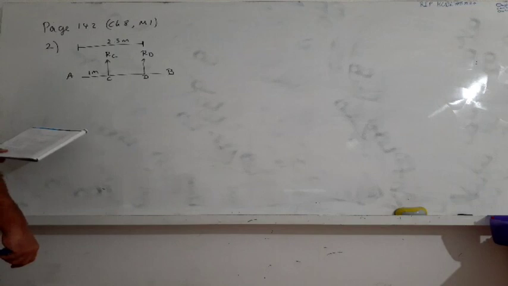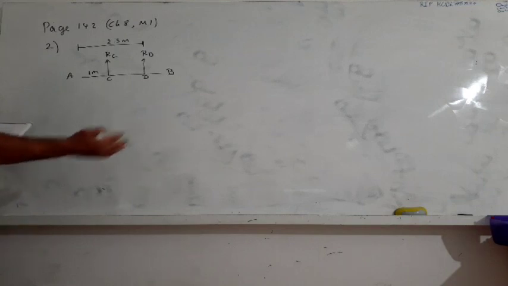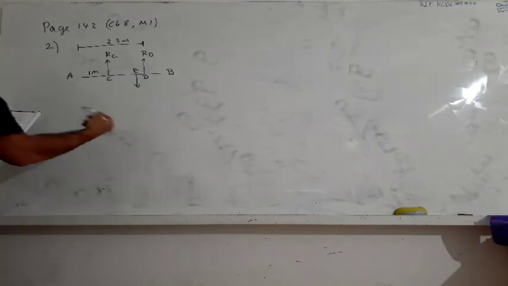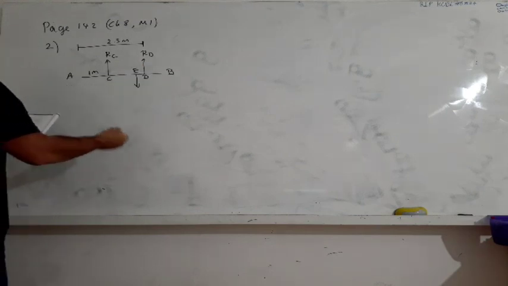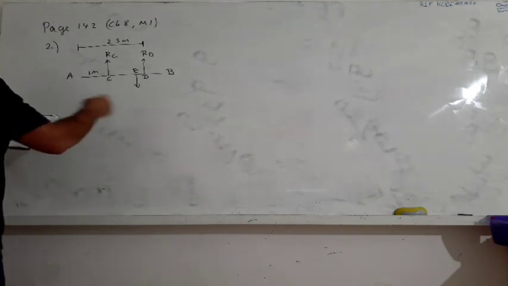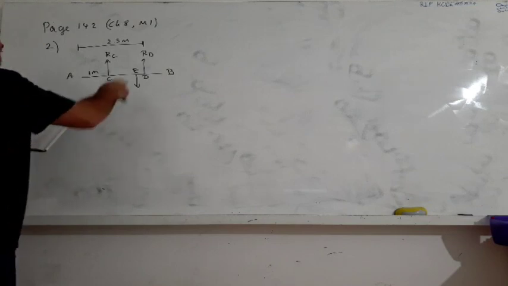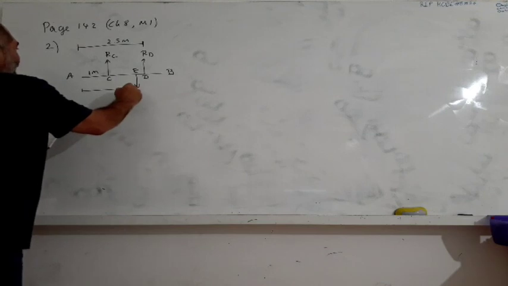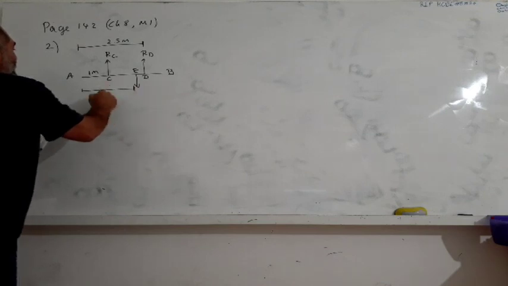We don't know the place of point E, where that extra particle is attached, but we know its distance. It is x meters from point A, and its weight is W.